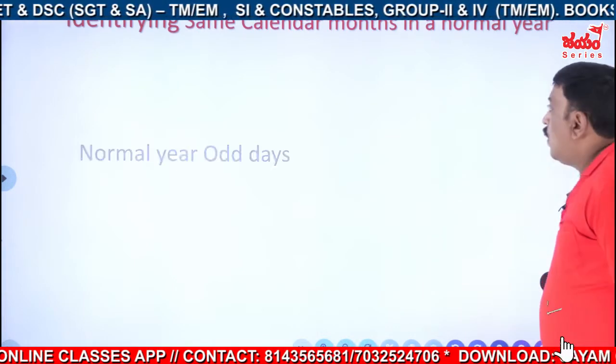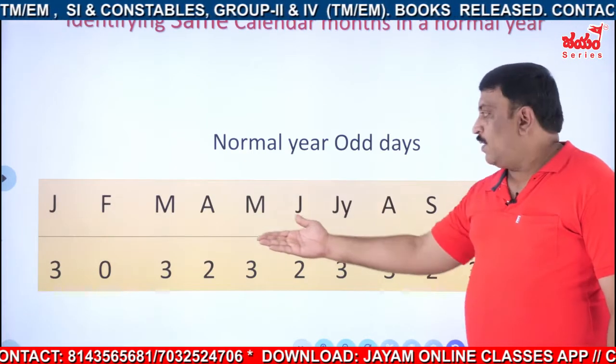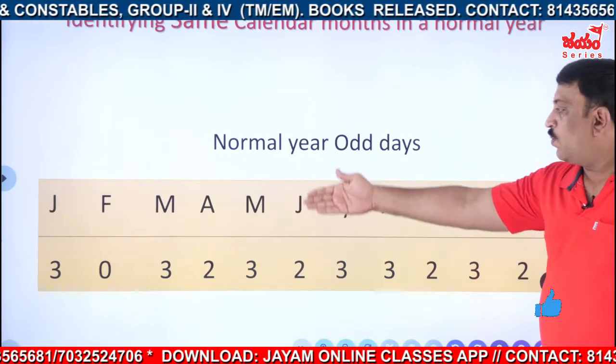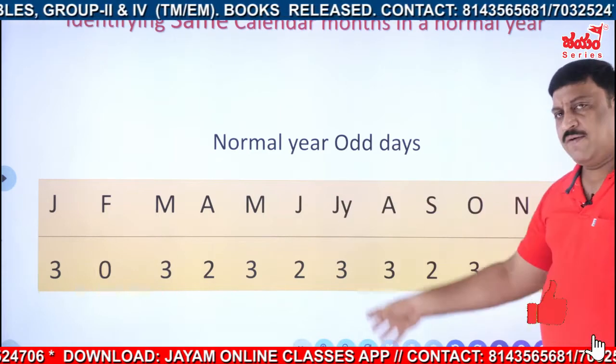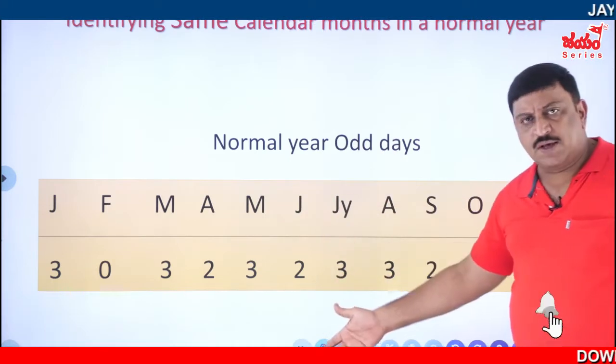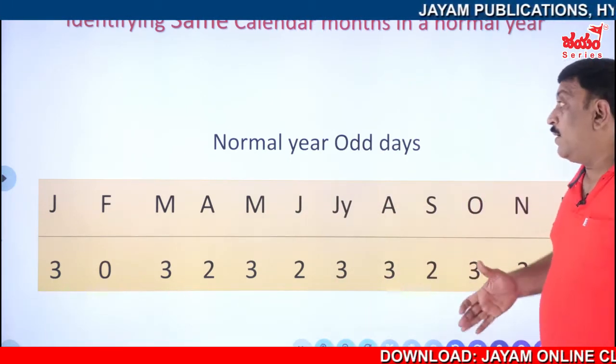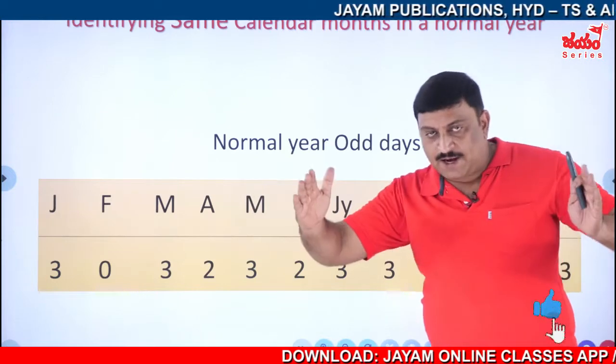And now, you see the normal year odd days. You see the normal year odd days here, right? So January, that is 3. You make it a table, and I have taken a vertical way, while this is a horizontal way, right? So whichever is convenient to you, you can do that one, no problem, right? But now you make a table.